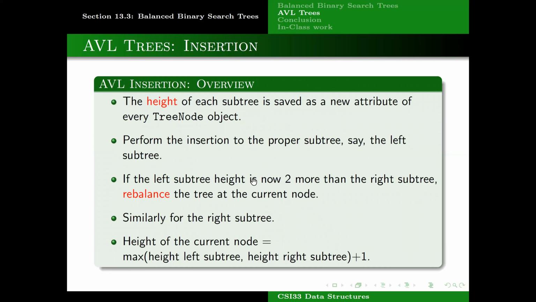Similar for the right subtree. And then when we will be updating the node's height, we will choose it to be the maximum of the height of the left subtree and the height of the right subtree, plus 1. We'll add the 1 to the maximum.